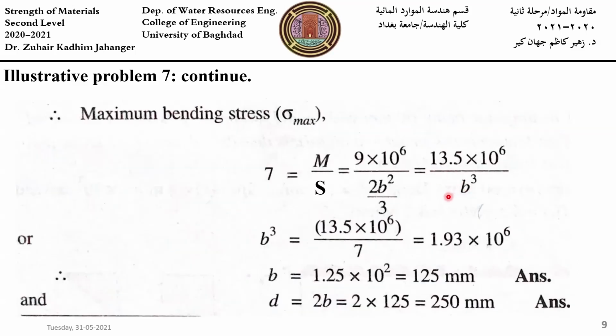In this equation, the only missing variable is b, the width. So the width is equal to 125 millimeter, and d is twice the width as required by the example of this illustrative problem. So d equals 250 millimeter is the final answer.